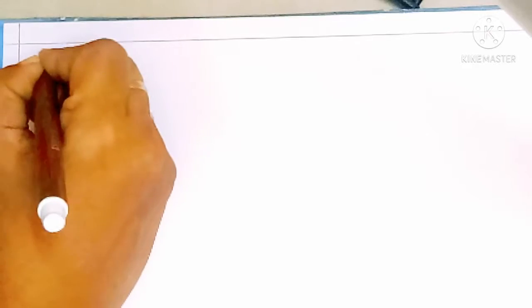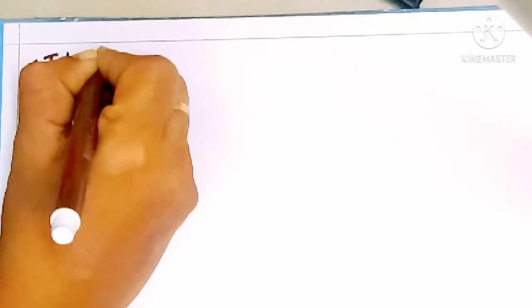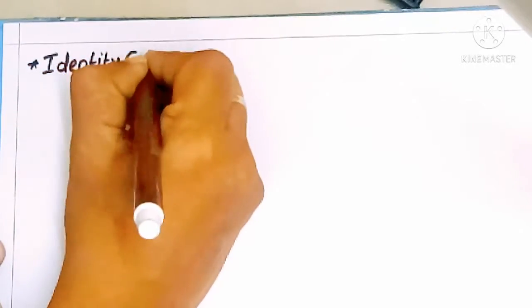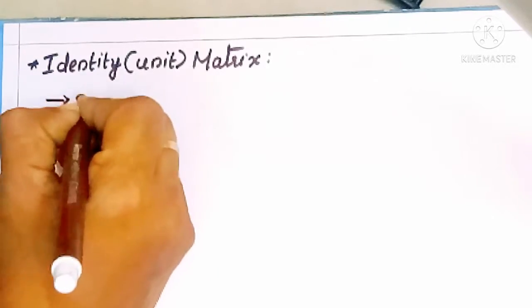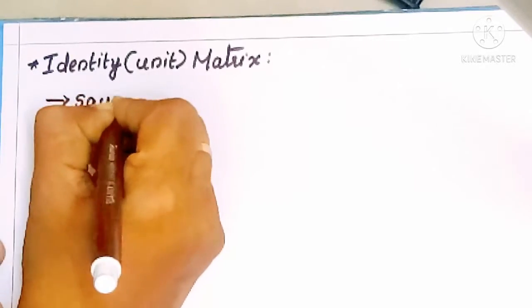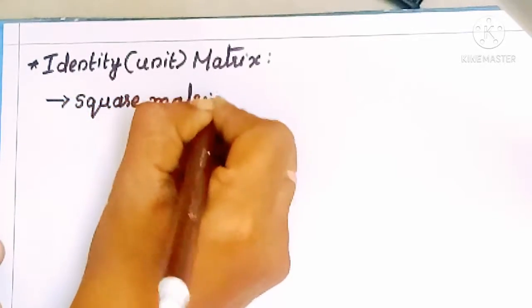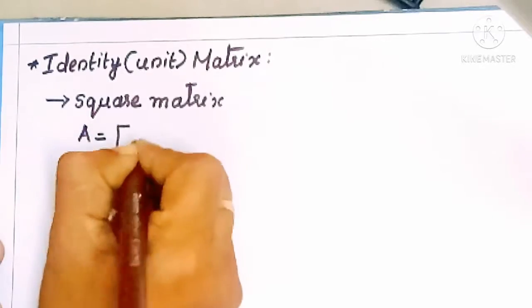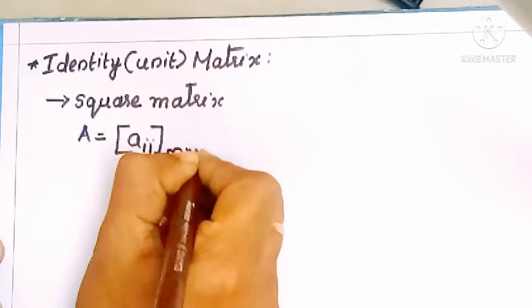Next type, identity matrix or unit matrix. Identity matrix is also known as unit matrix. It is only applicable for a square matrix, A equal to Aij, m cross m.